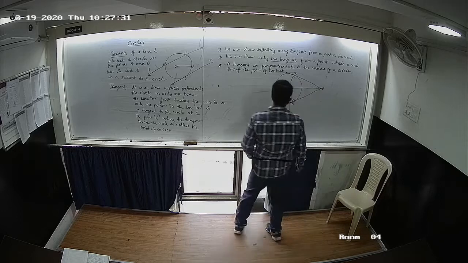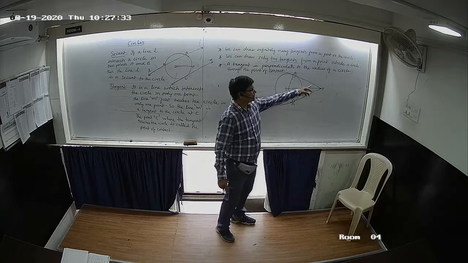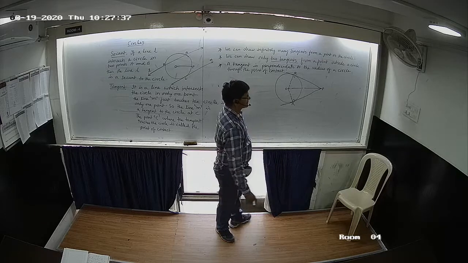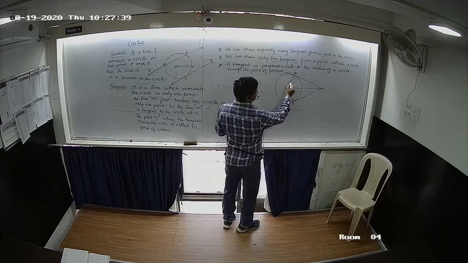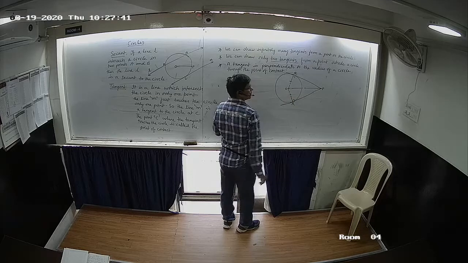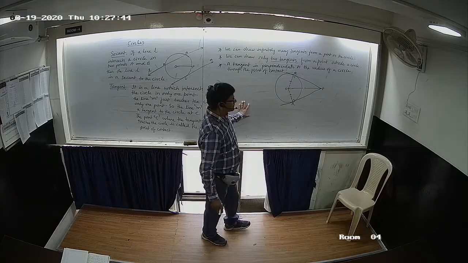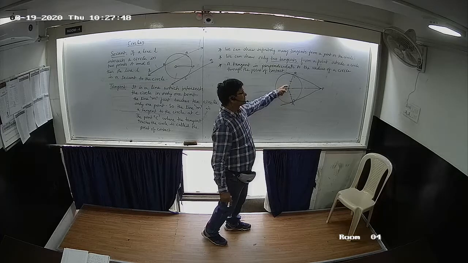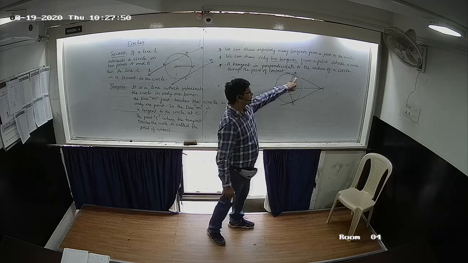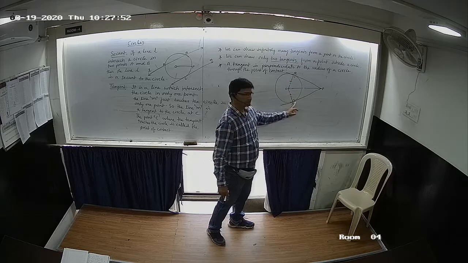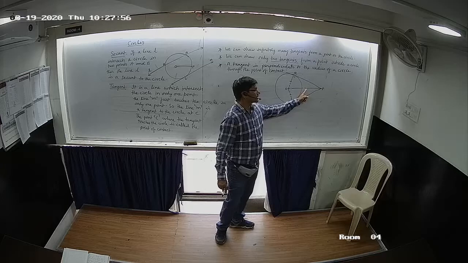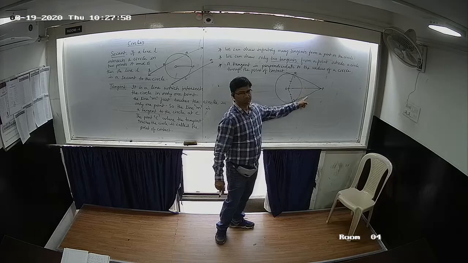So we see that OQP and ORP are right angle triangles. OQ is equal to OR because they are the radii of the same circle. Angle OQP is equal to angle ORP, 90 degrees. And OP is a common side for the two triangles.